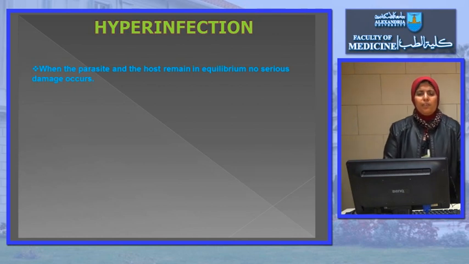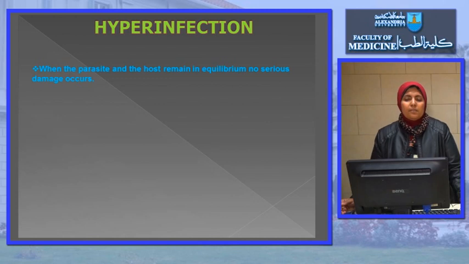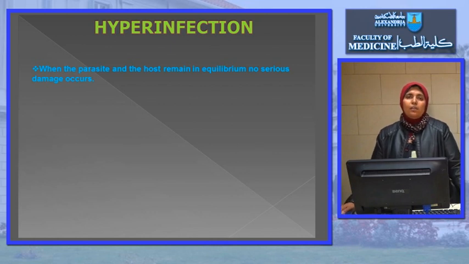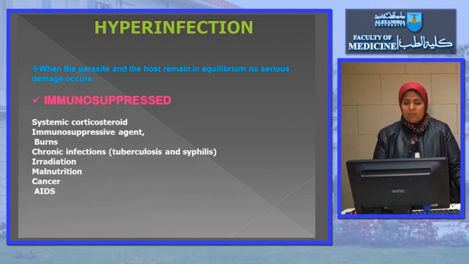What about hyperinfection? Hyperinfection happens when there is a disturbance in the equilibrium of the immune status of this host. Normally, there should be a good immune balance between the parasite and the host, between the Strongyloides stercoralis and the man or the host. But sometimes, some patients are immunosuppressed.